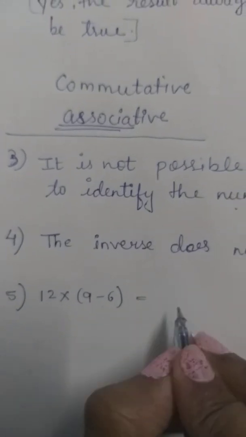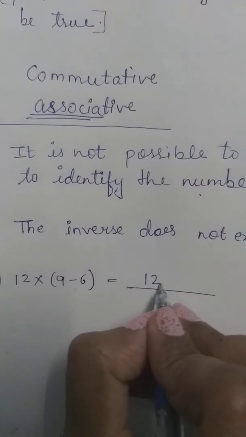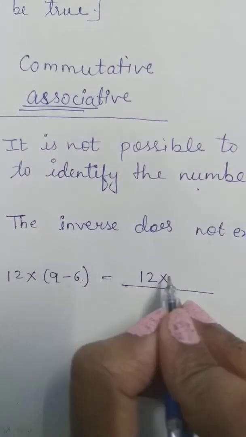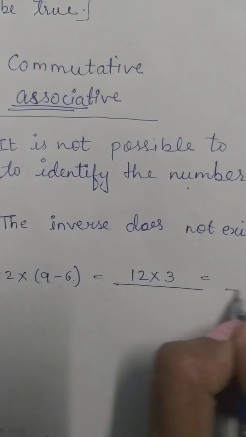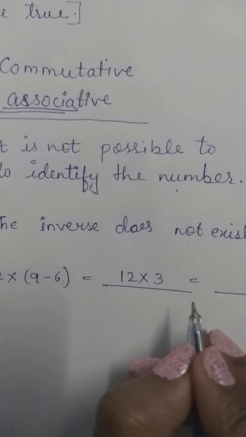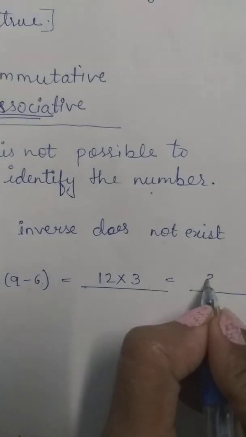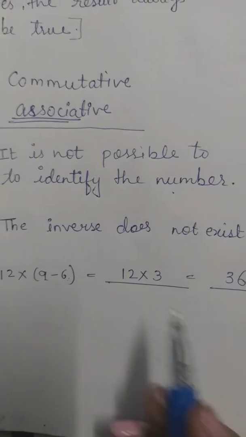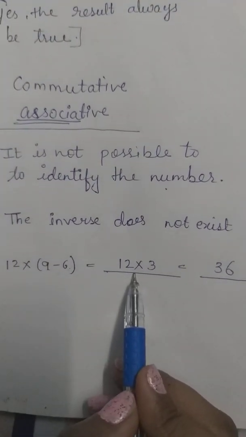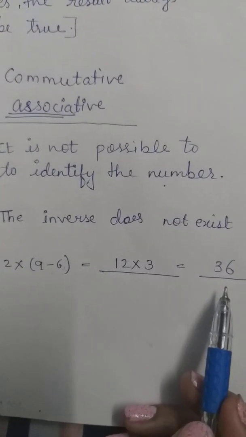So students, in the first blank, 9 minus 6 is equal to 3. So in the next blank, 12 multiplied by 3 is 36. So first blank 12 multiplied by 3 and second blank 36.